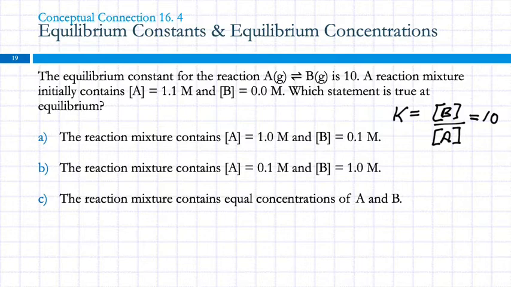I don't understand how saying there's more products than we have. So this is the ratio of the concentration of the product to the concentration of the reactant at equilibrium.